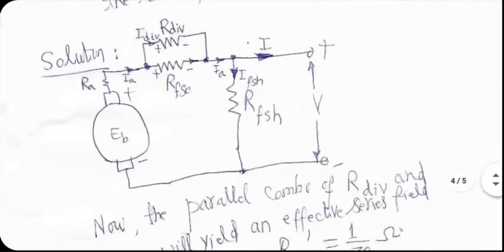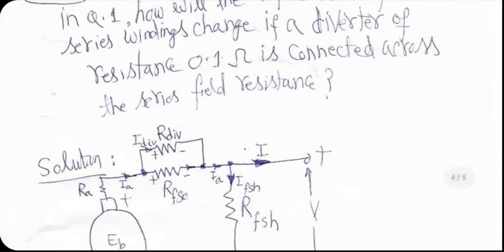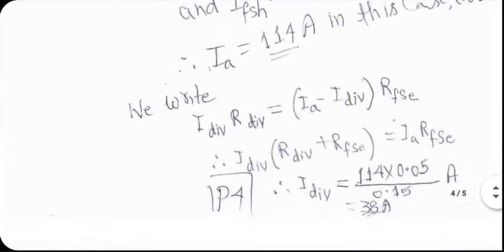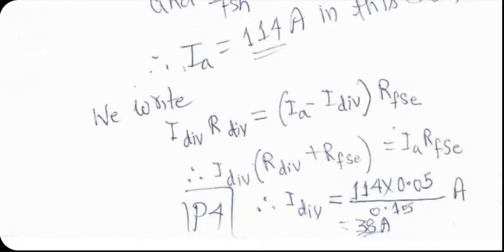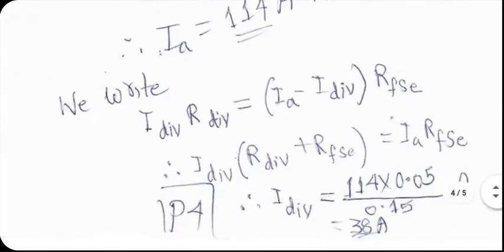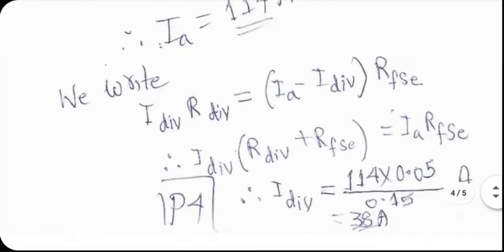So IA minus I dive multiplied by RFSC should be I dive into R dive. Circuit theory. That's what I'm doing here. From there, I calculate I dive, the current going through the diverter, as about 38 amperes.